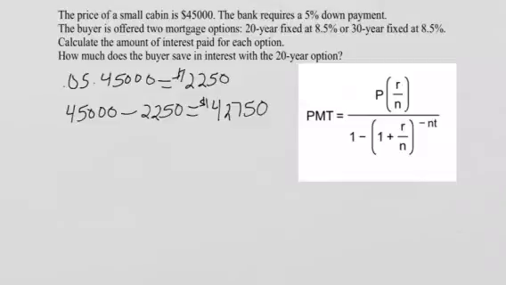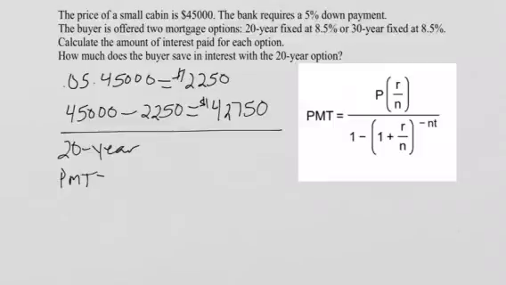Alright, so what we're going to do is first we're going to find our monthly payments for the 20-year option and the 30-year option. So first let's do the 20-year monthly payment. So the 20-year PMT, well, that is $42,750 times my rate, which is 0.085.